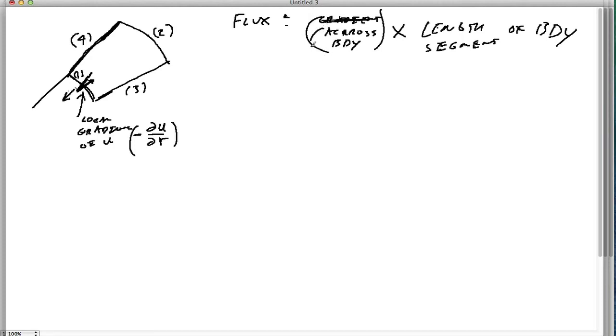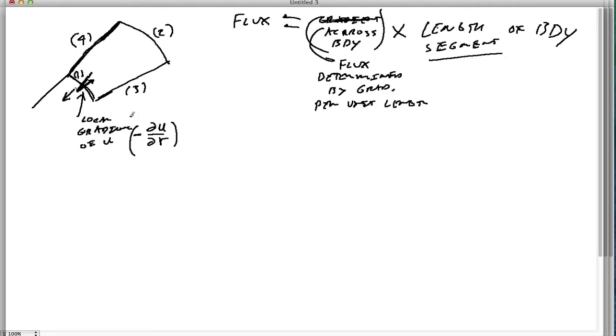I'm sorry, I misspoke. I should say this is the flux determined by gradient per unit length. And then we multiply it by the length, and then we get our total flux. All right, so sorry about that.